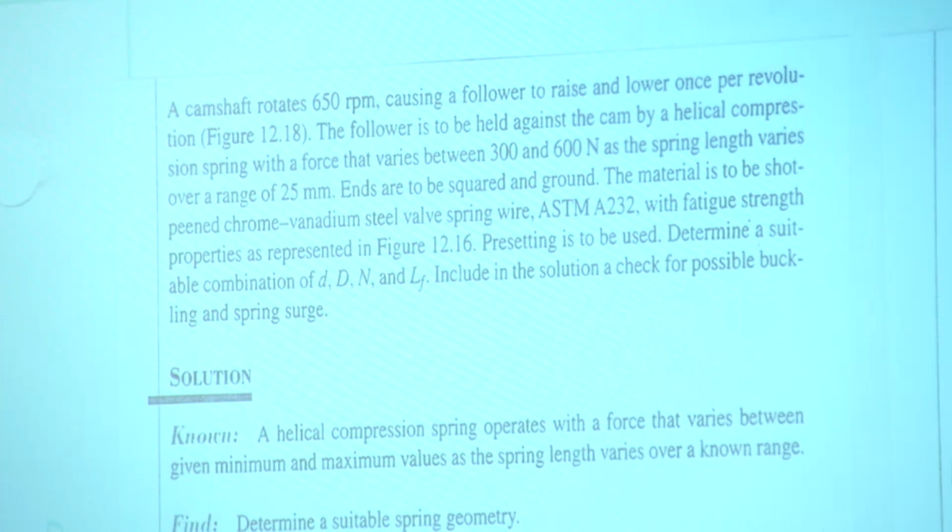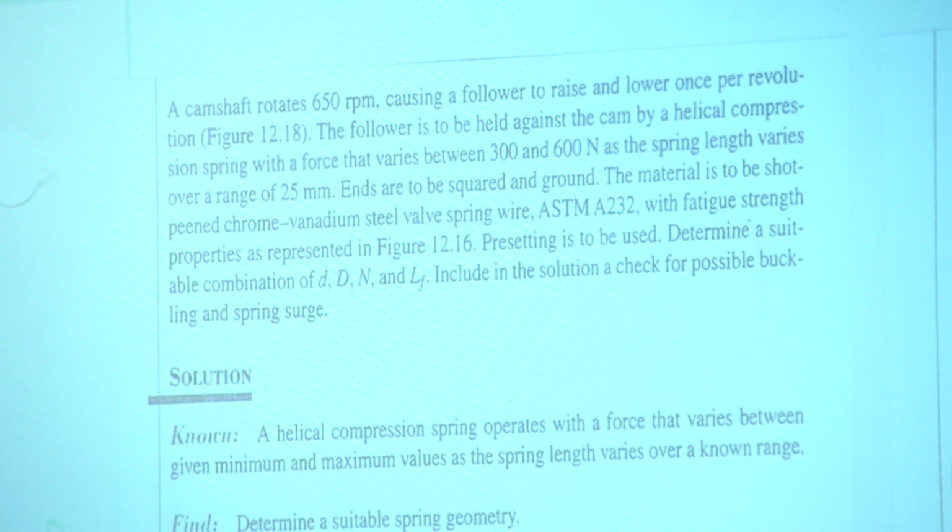But sometimes, in fact most of the time, not only do you have to assume some dimensions, you have to pick the material as well. I don't tell you what to use. You can use steel, you can use whatever you like. So that, of course, is not something that I'm going to ask you to do, because that requires some experience in designing springs before you can do something like that.